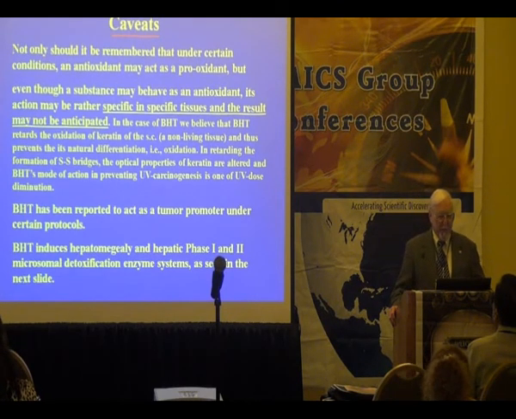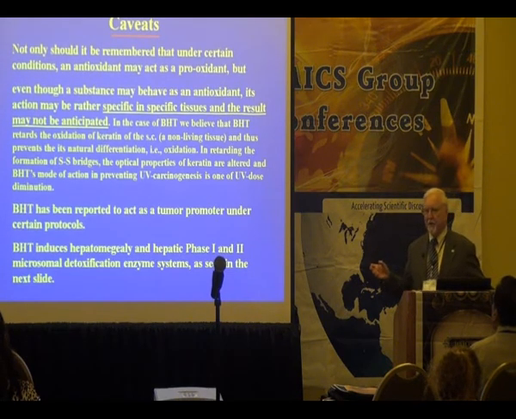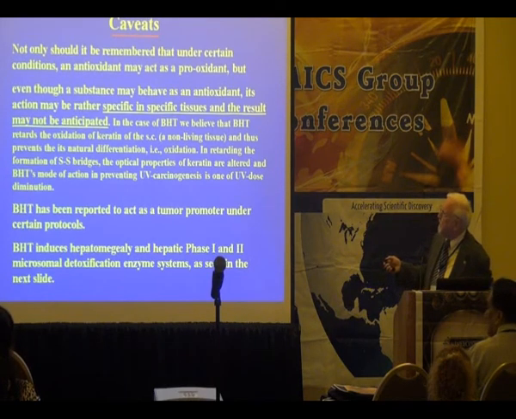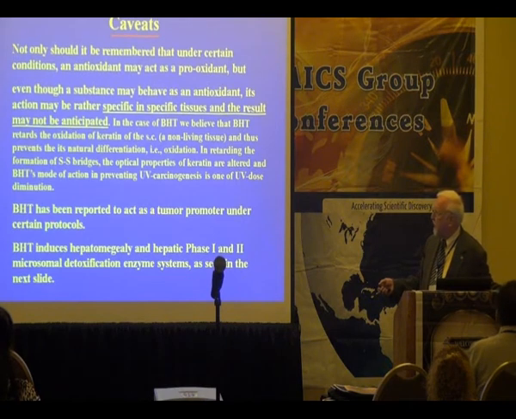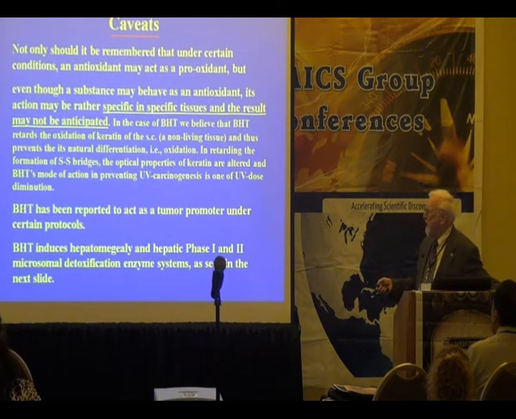So you have to remember that under any kind of condition, the antioxidant you use may behave quite differently under some conditions. And their actions are very specific in specific tissues. Well, one thing about BHT is that it's been reported to act as a tumor promoter under certain protocols. And so it's probably not a good candidate, basically, to use in human diets, although we do consume quite a bit of it.